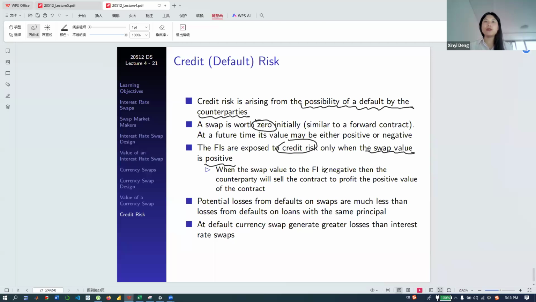Also, when the swap value is negative to a certain financial institution, the counterparty's swap value is positive. So if this counterparty is worried that the financial institution might default, to avoid the credit risk, they can maybe try to sell the contract to directly profit from the positive value of the contract.